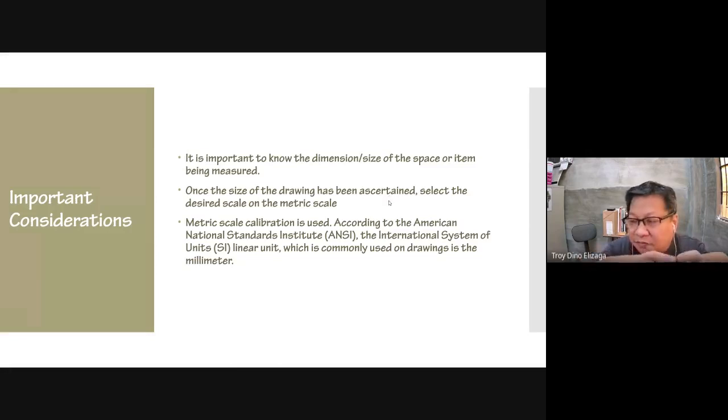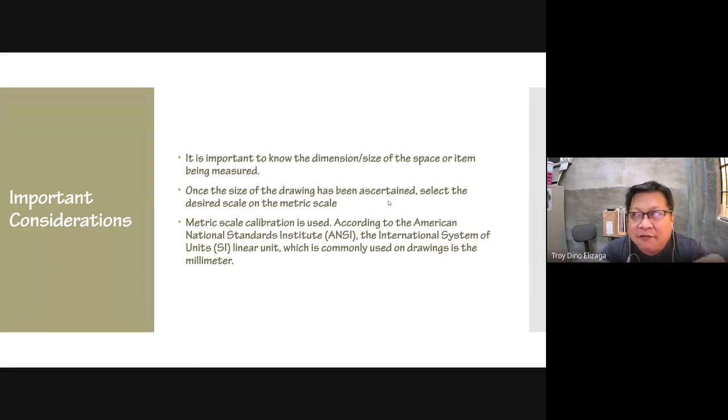So we're going to use millimeter. Okay. It's important for you to know the overall size of what you're going to draw so that you can choose the best scale to fit your paper.